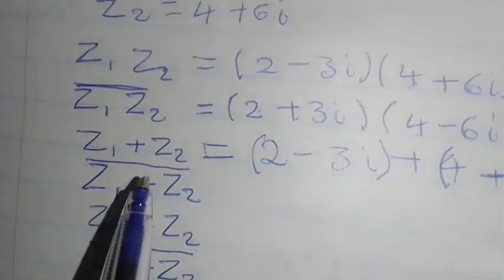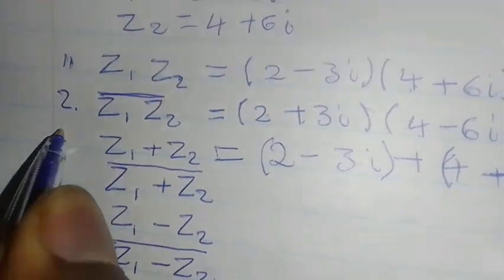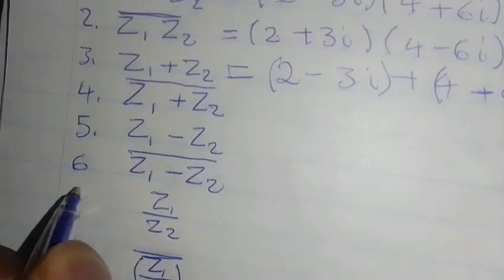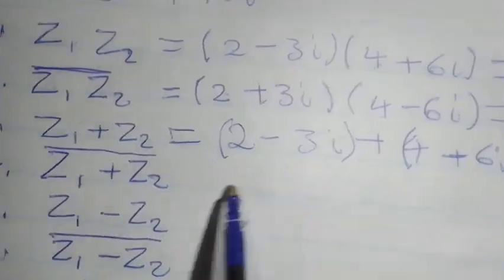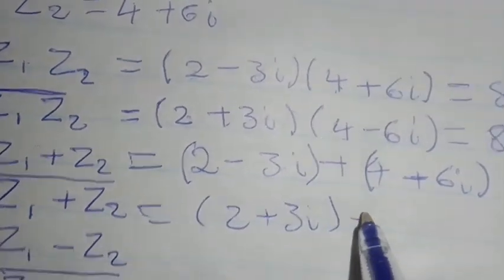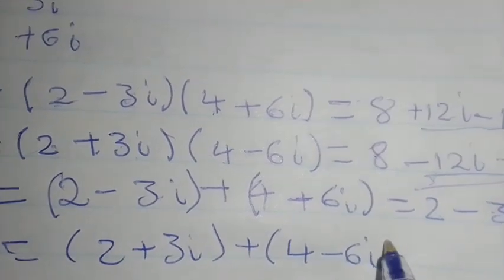Now, what about when you add the conjugates of them? So when you add the conjugates of them, it's just going to have 2 plus 3i. Remember, the conjugate just means swap the middle sign, 4 minus 6i.